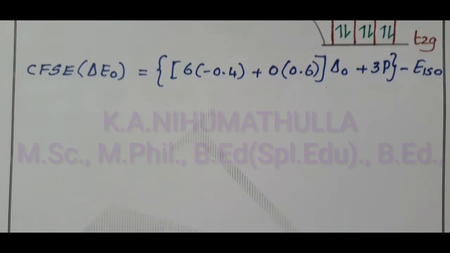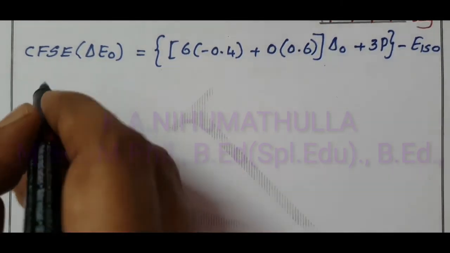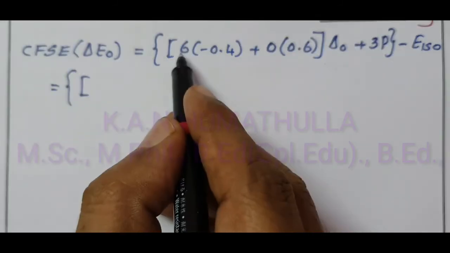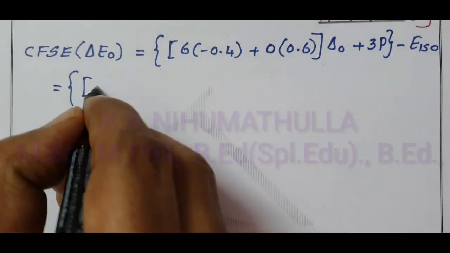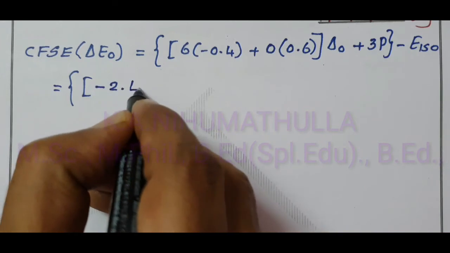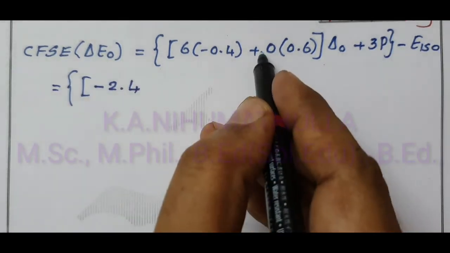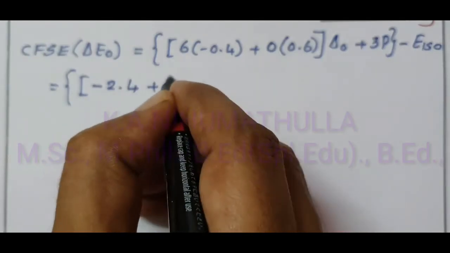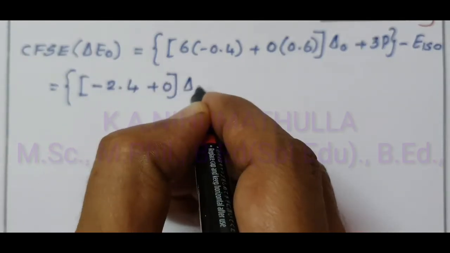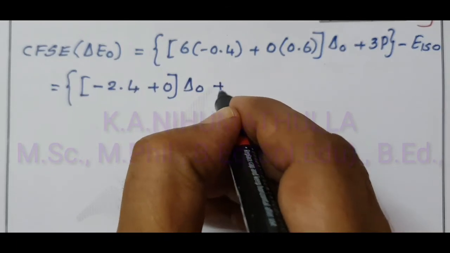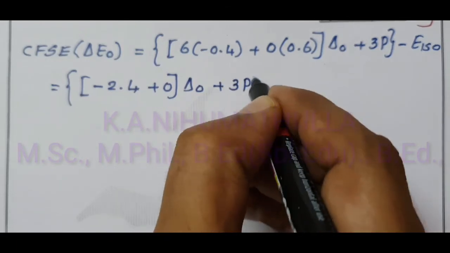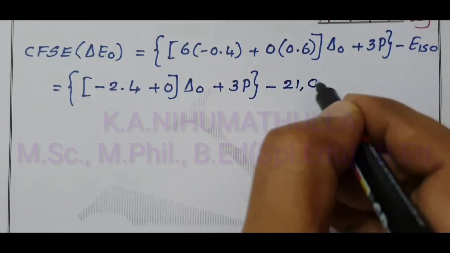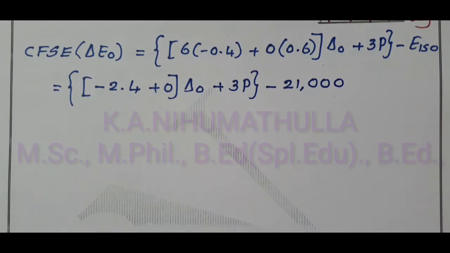Now equal to, starting with the brackets, 6 into 4 are 24, minus 2.4. 0 into 0.6 equal to 0, plus 0 and delta octahedral plus 3 and P pairing energy minus E isotropic, already we have calculated, that is 21,000.